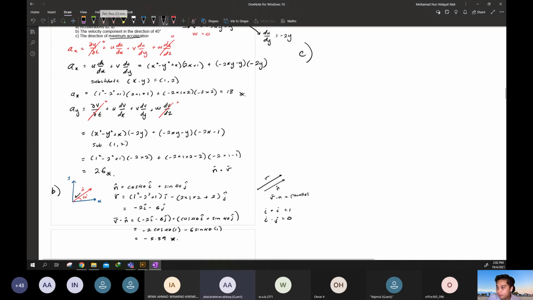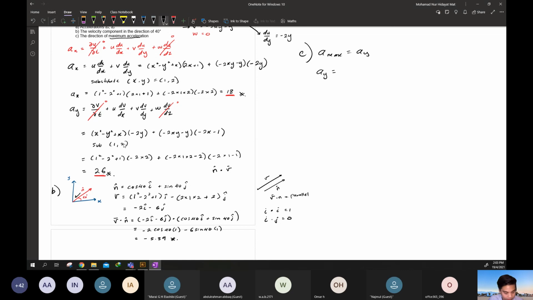AX is this value, AY is 26. So which one should we consider as the maximum acceleration, AX or AY? We definitely consider the AY, because the value is maximum. So A max is actually AY.